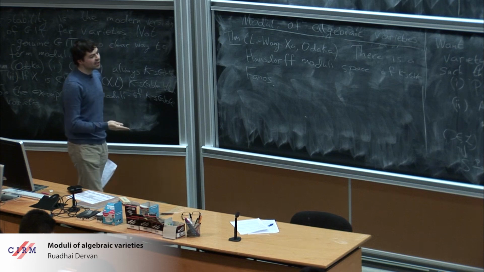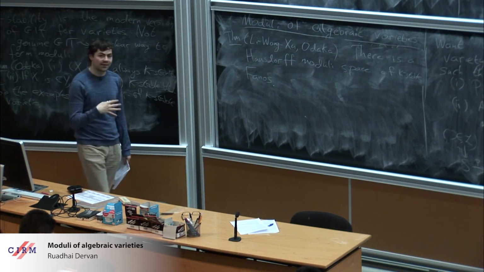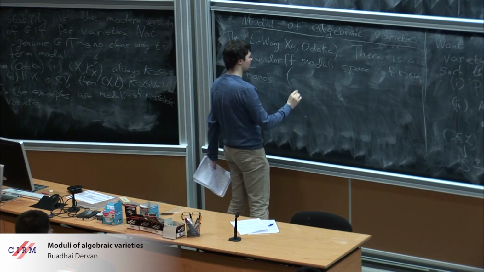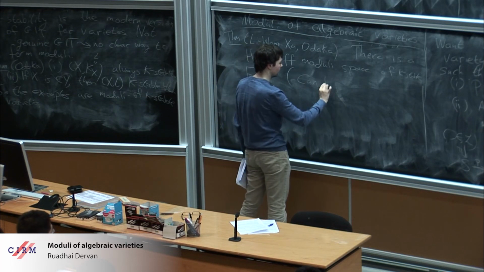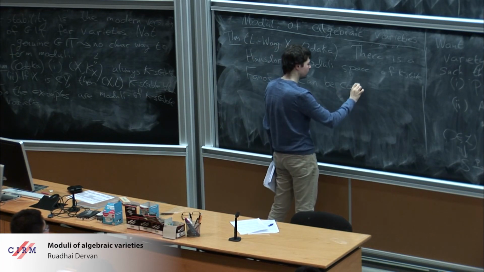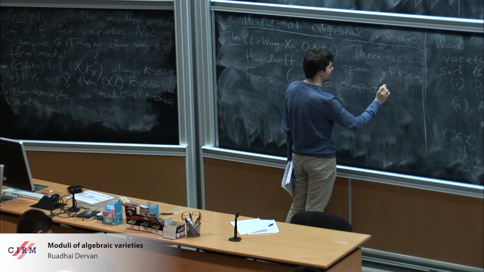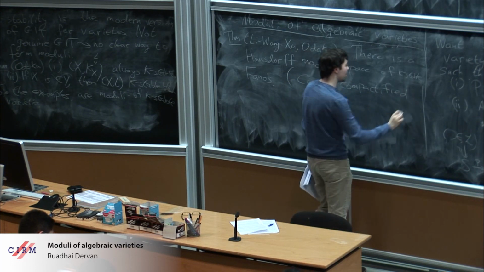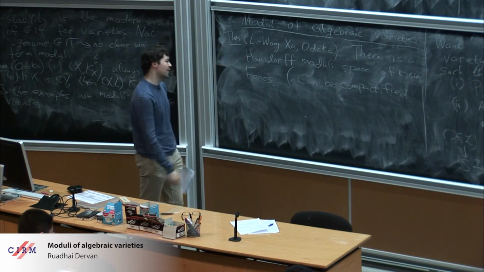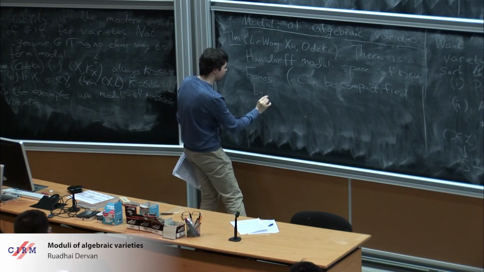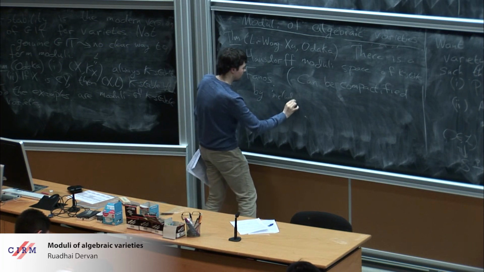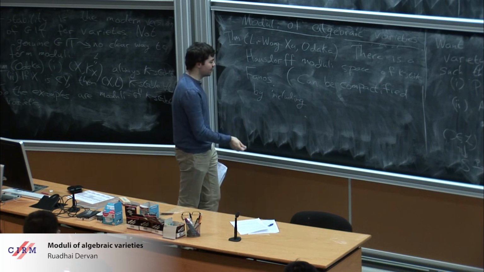And actually, you can even compactify the moduli space if you allow mildly singular Fano varieties. So it has a modular compactification, a compactification as a moduli space. So it can be compactified by including certain K-stable singular Fanos.